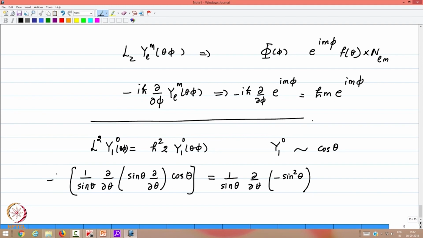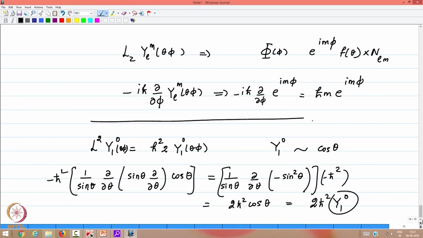So it gives you a minus h bar square. And you can see immediately dou by dou theta sin square theta gives you sin theta cos theta. There is a 2. So, it gives you minus into minus plus. So, it is 2 h bar square cos theta, the sin theta cancels off, and therefore, it is 2 h bar square y1 0.